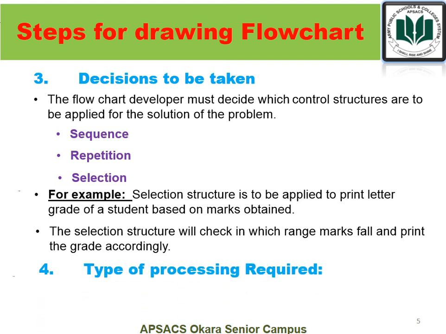So number 4 is types of processing required. Which type of processing is required to obtain the solution? The flowchart must provide the required output. It means the flowchart should give you the required output.